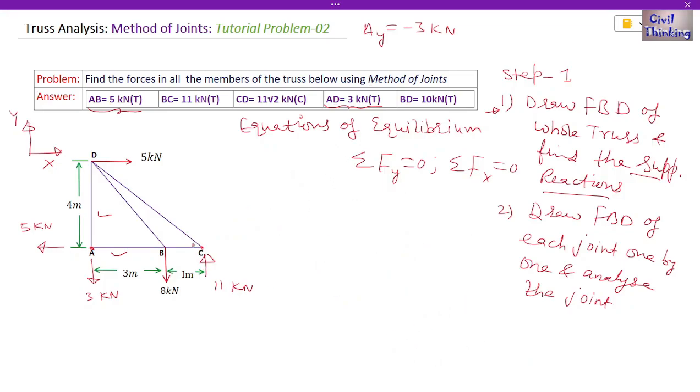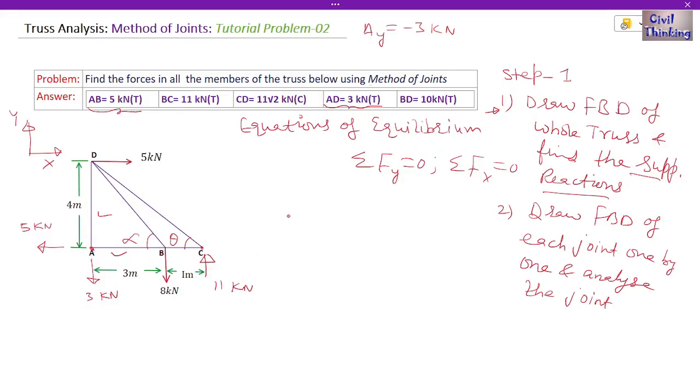Now at C joint, let us first find this angle because we need this, okay. And when we analyze B joint, we will also need this angle, okay. Let us call this alpha and this theta, okay. Now to find the value of theta, the perpendicular component of this right angle triangle is given and the base component, okay.